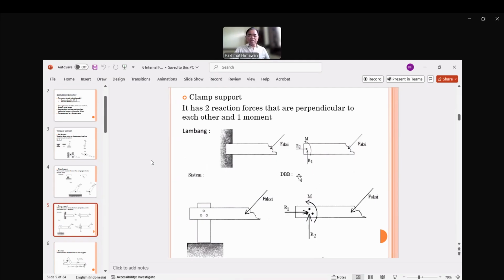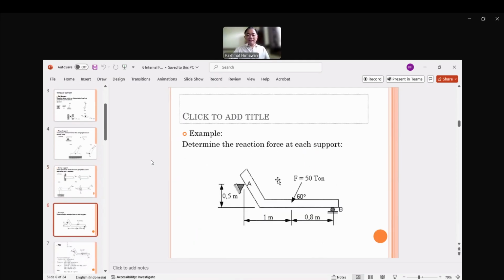Okay. You learned about this. This is also very important, and you're going to use this quite a lot in session 2 to find out what the reaction is before calculating anything else. This is like the first step before you calculate other questions in session 2. Like this, you need to find out what the reaction force at A and B is.